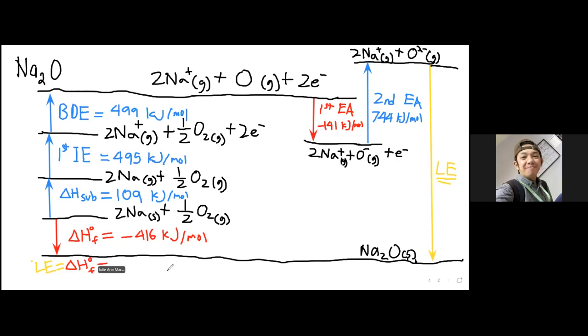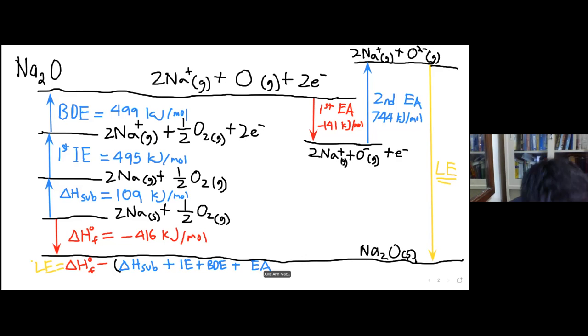So we'll be having the delta H naught formation. The EA is the total EA output.